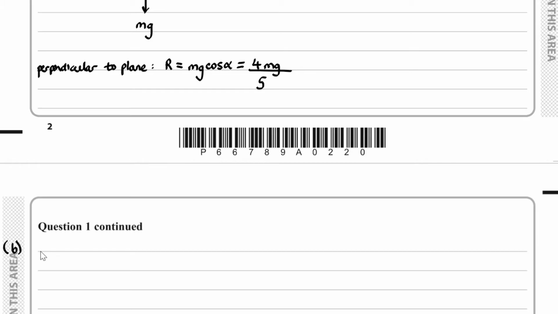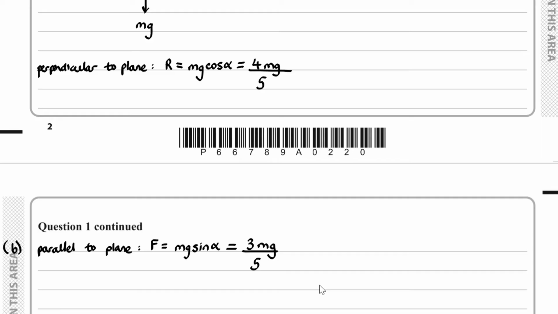So for part B, resolving parallel to the plane, we have F equal to mg sine alpha, and sine alpha is 3/5. So here we have 3mg over 5.